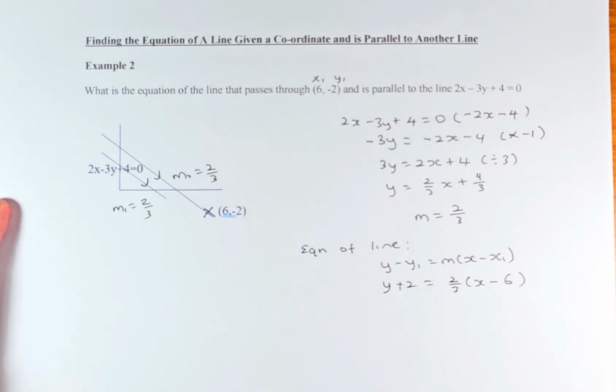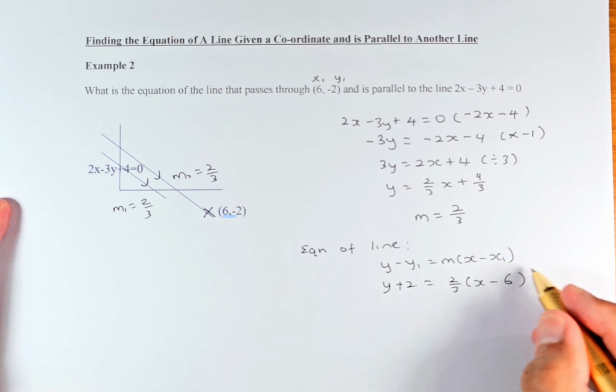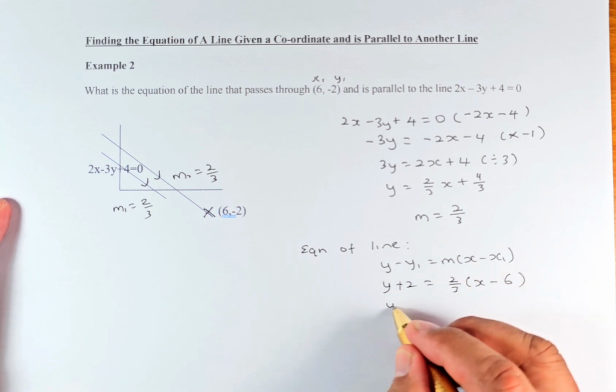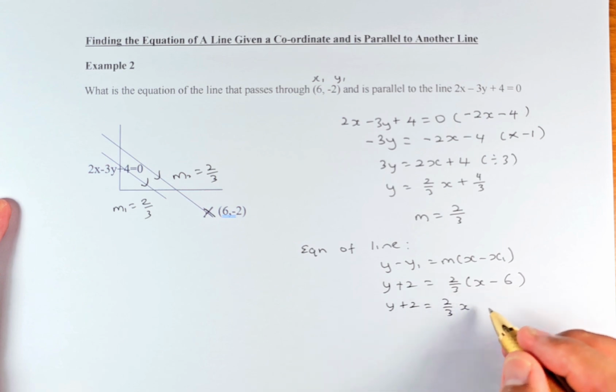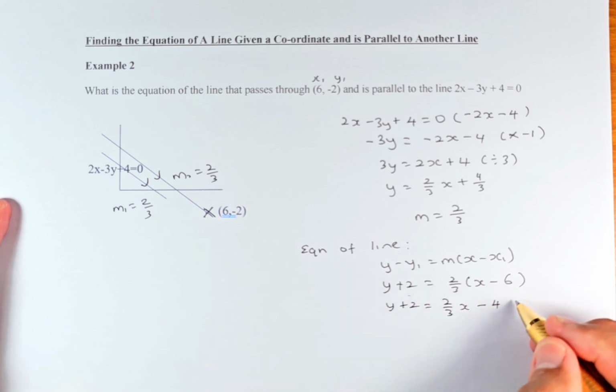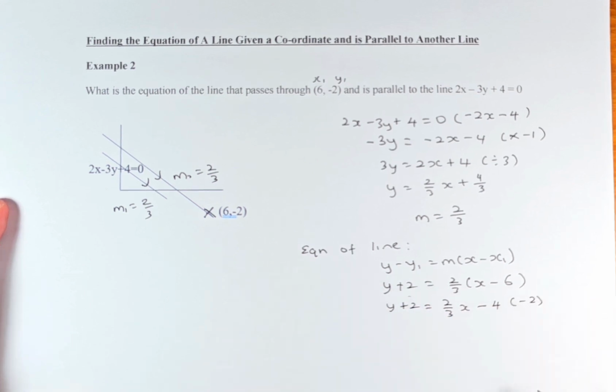Now we're going to expand the expression on the right hand side. So y plus 2 equals 2/3 x, 2/3 times minus 6 is going to be minus 4. Okay, last but not least, we're going to get rid of this plus 2, so we're going to minus 2 on both sides of the equation.